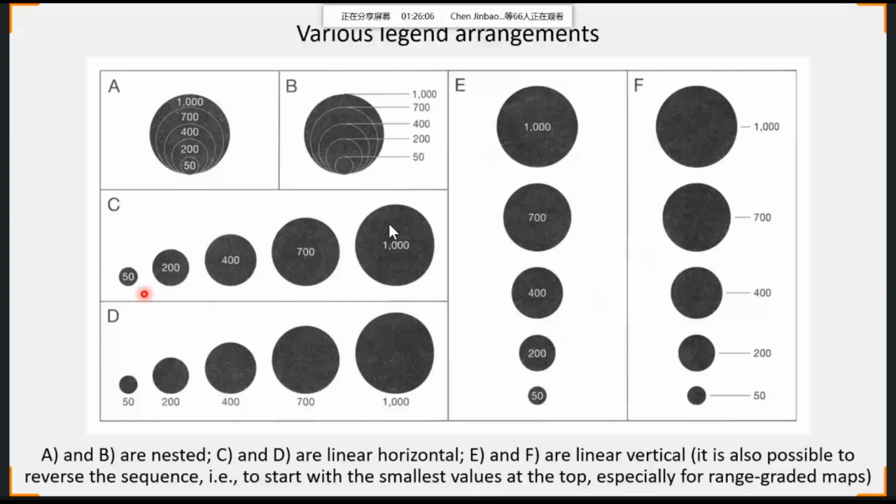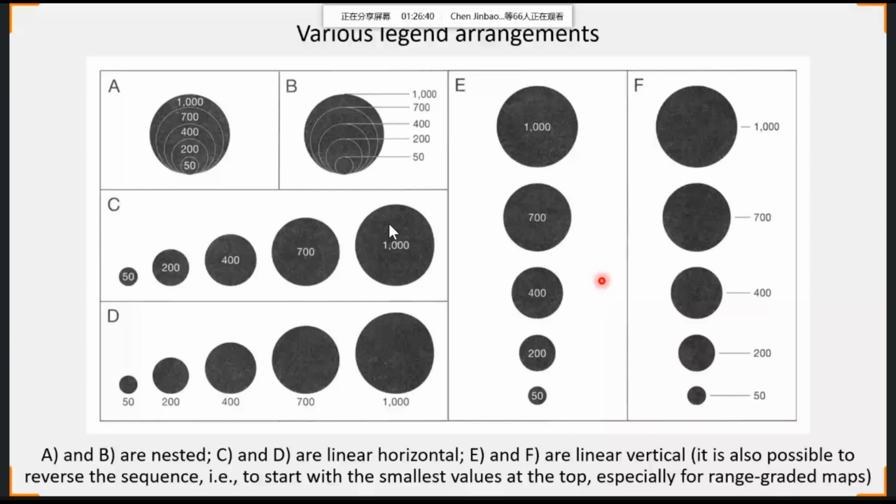We read from left to right, and therefore we usually start with the smaller numbers on the left-hand side. But here, of course, it's not a rule, but one recommendation in legends is that the larger numbers should be on top. But of course, it looks a bit visually unstable to have larger circles above smaller ones.